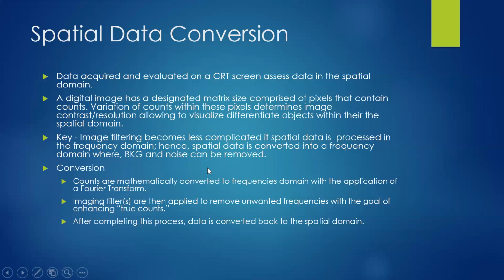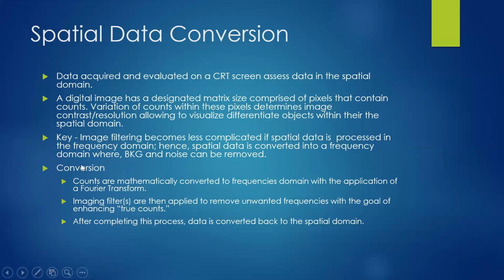Well, the easiest way to do that is not to manipulate them in the spatial domain, but to manipulate these things in the frequency domain. Therefore, we need to take our spatial data and convert it into the frequency domain so that we can remove background and noise.